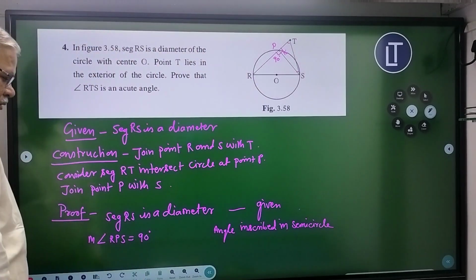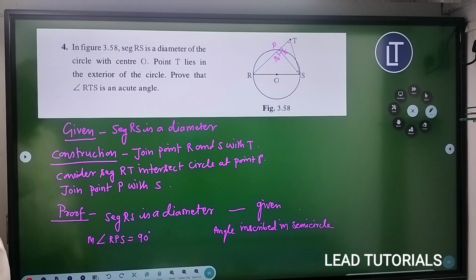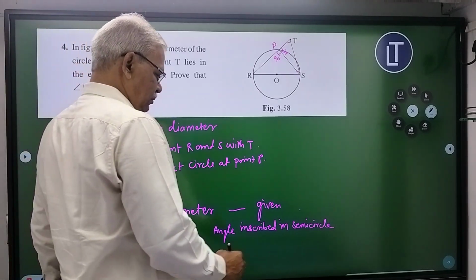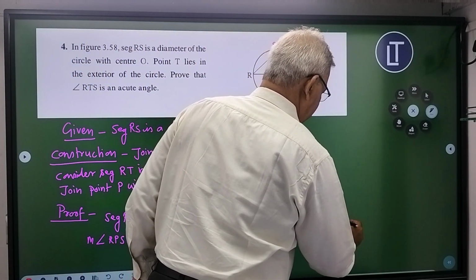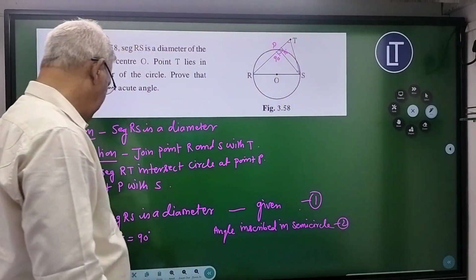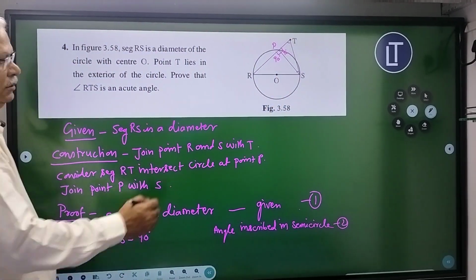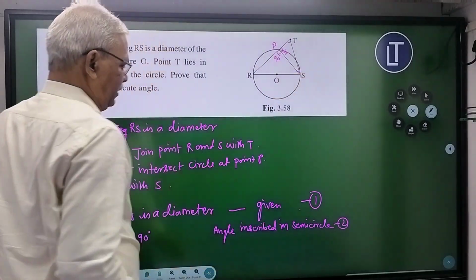Okay, angle inscribed in a semicircle. This is 1, this is 2.